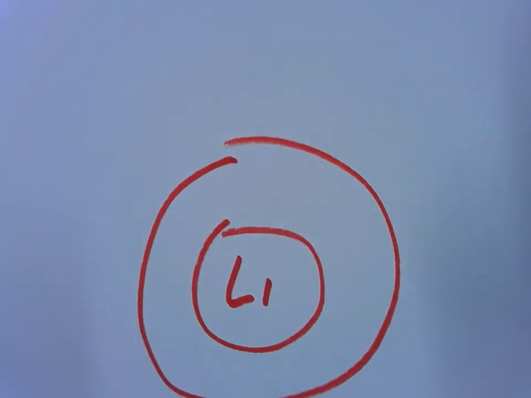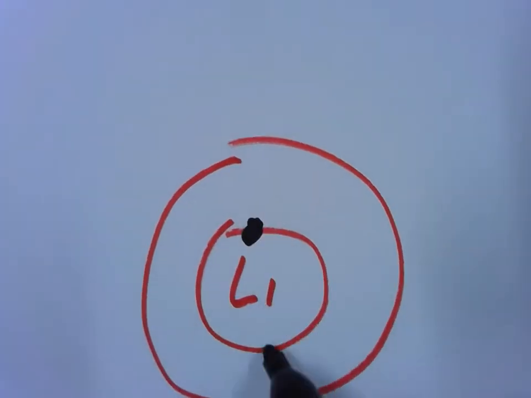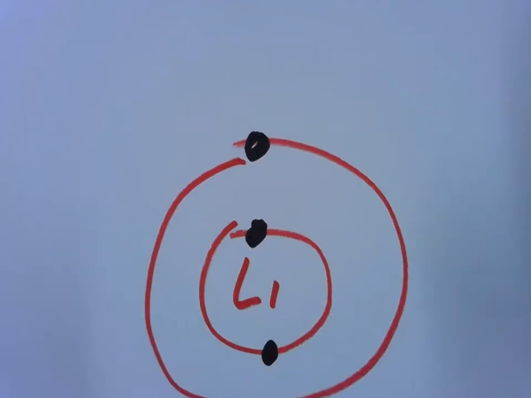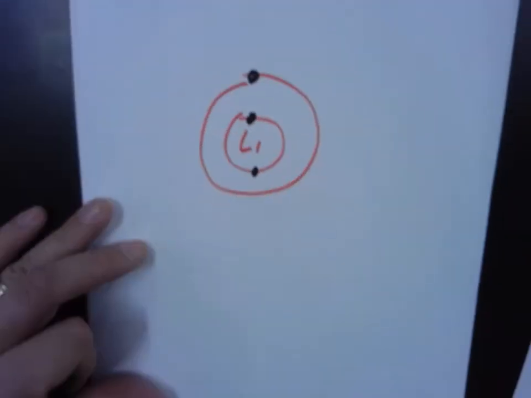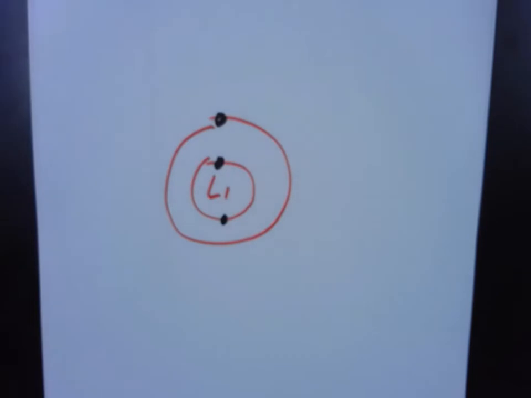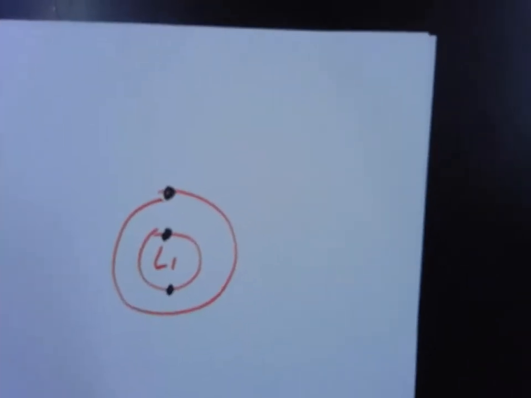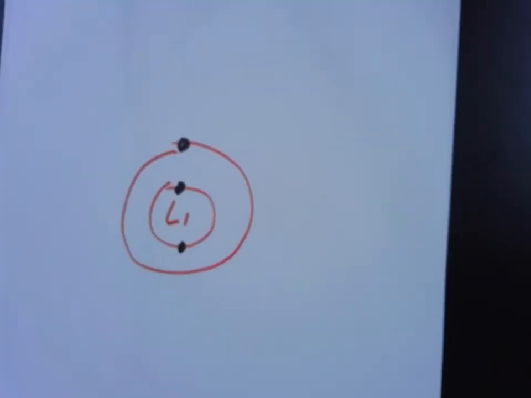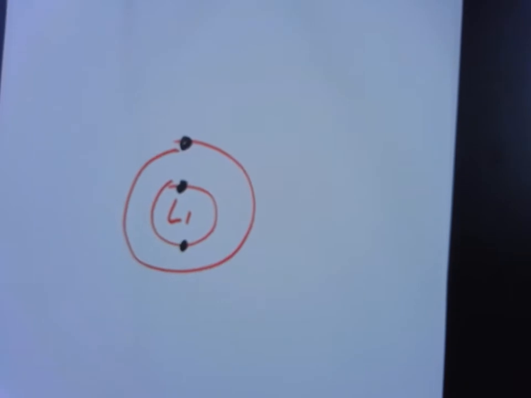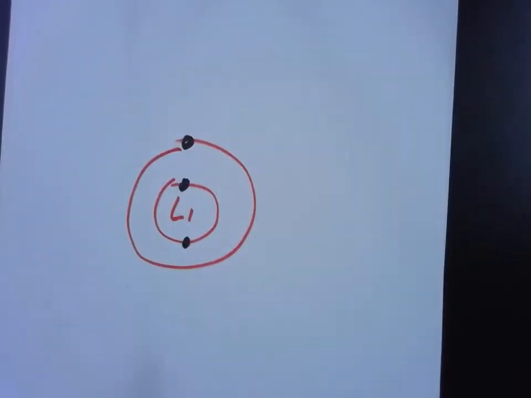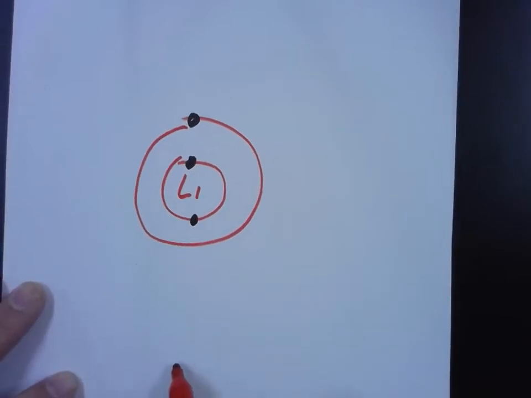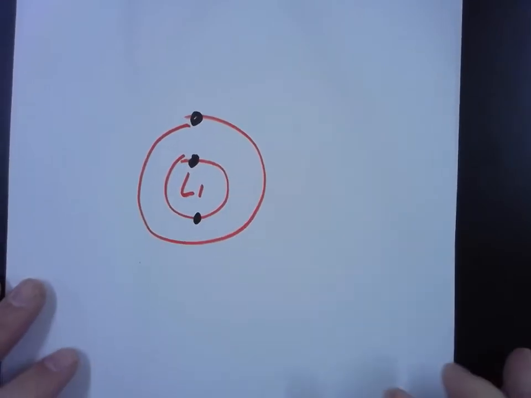So there's 1, 2, and 3. I'm going to try to draw something in a similar scale next to it. I'll draw sodium next, that's the next one down, to the same scale.